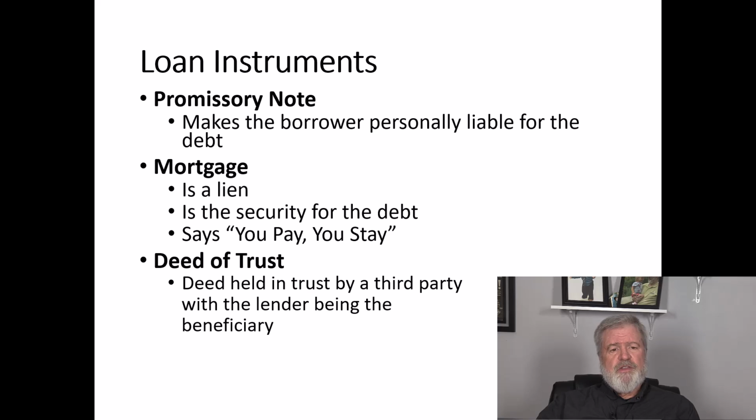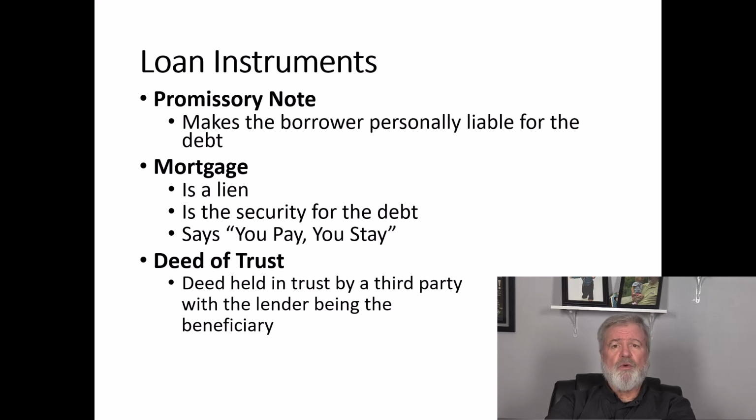And these are the typical common instruments or documents that are used at closing, again, as part of the loan. You see 3 things listed here, but I will tell you 99% of the time it's only 2 of these 3. And the 2 that you do tend to see at every closing are the promissory note and then the mortgage.